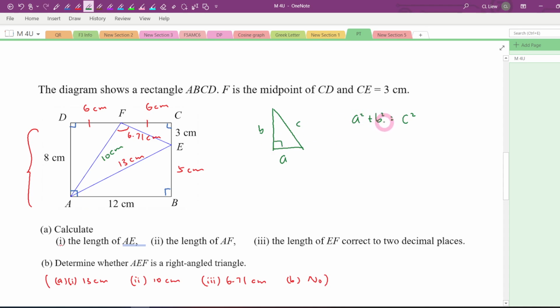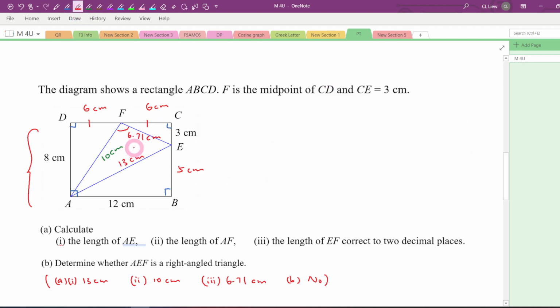That means if a square plus b square equals c square, the sum of the squares of the 2 shorter sides is equal to the square of the longer side, then this is a right angle triangle. If this is not equal to c square, then this will not be a right angle triangle. You get what I mean? Now, let me show you.